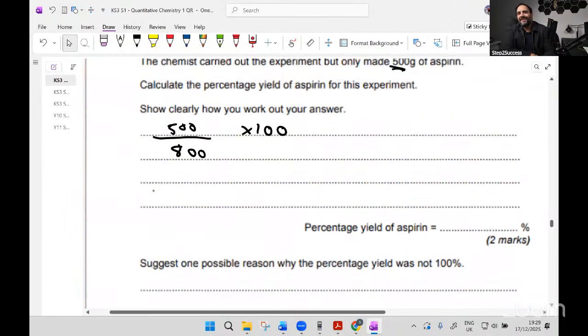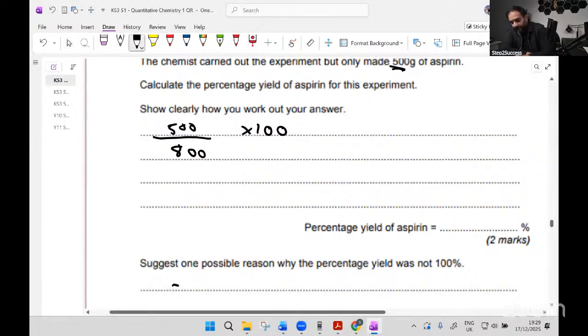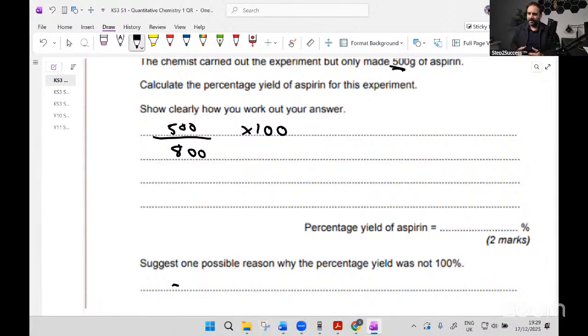A possible reason why the yield was not 100% is errors in measuring. Maybe when you mixed your ingredients together, you didn't quite measure them accurately, and so when you actually did it, you didn't get what you were expecting to get.